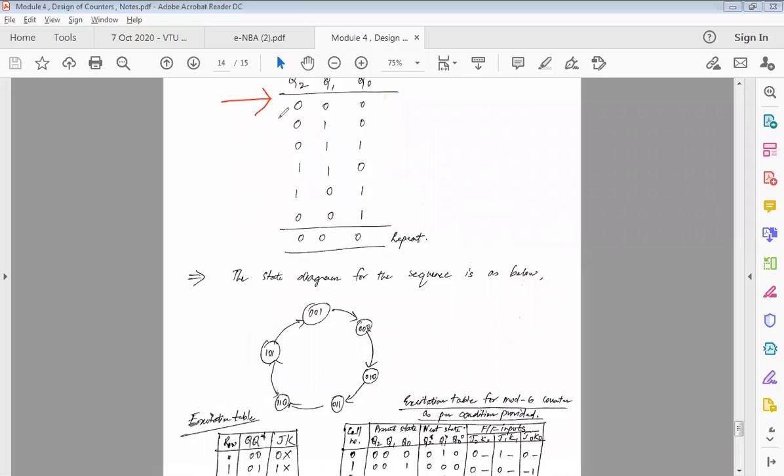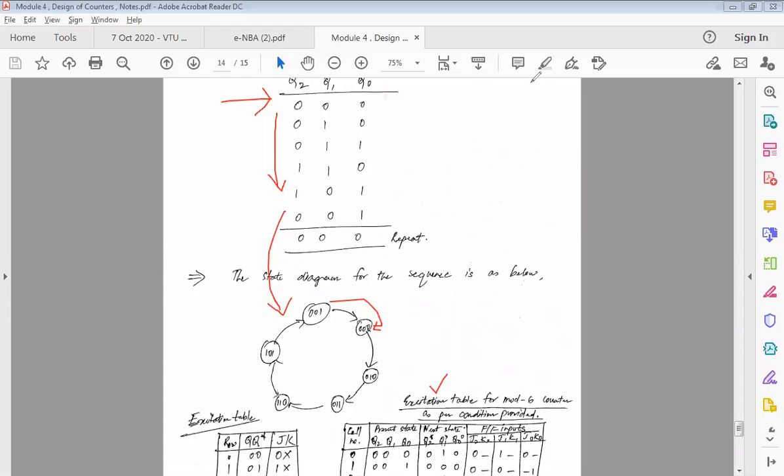Just like that I will follow all of these and put them in my state diagram, right? You can see here after 001 it goes to 000. This state diagram is very important for us, because once we have this, it is easy to create the circuit excitation table.